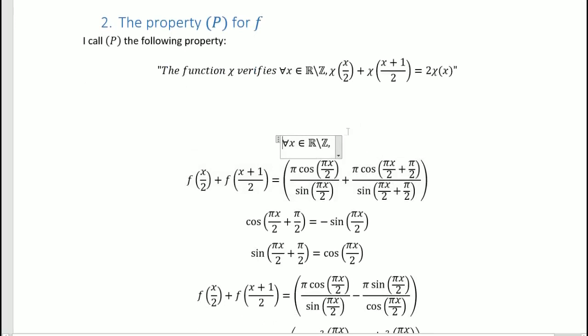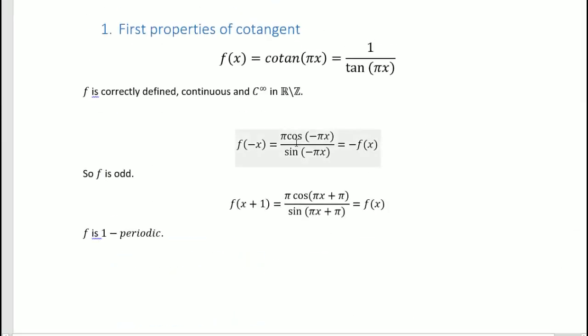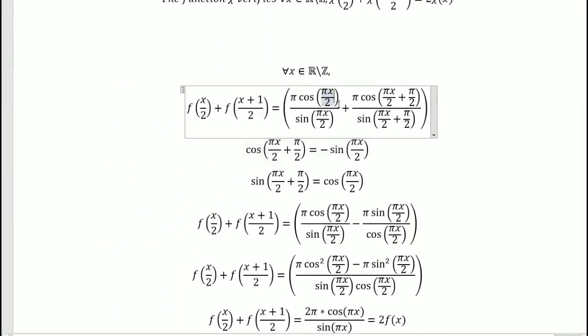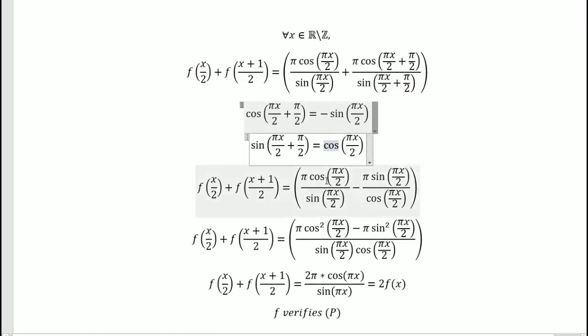So in that interval we calculate this and we develop, so we get this expression just by replacing with the expression we got earlier, this one. With this expression we know that if we have plus pi over 2, it equals a minus sign for the cosine. For the sine, the plus pi over 2 transforms into a cosine, so we get this expression.